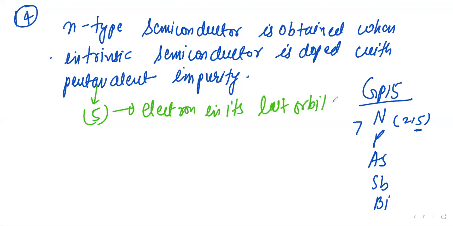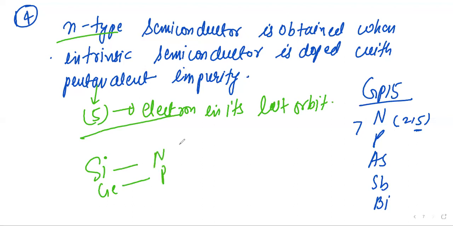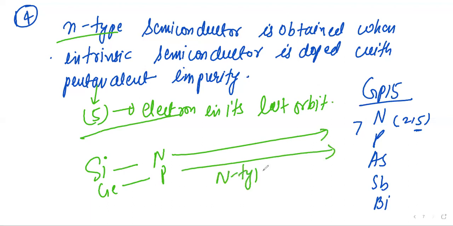That is called pentavalent. And when silicon or germanium is doped with group 15 elements, it forms an N-type semiconductor.